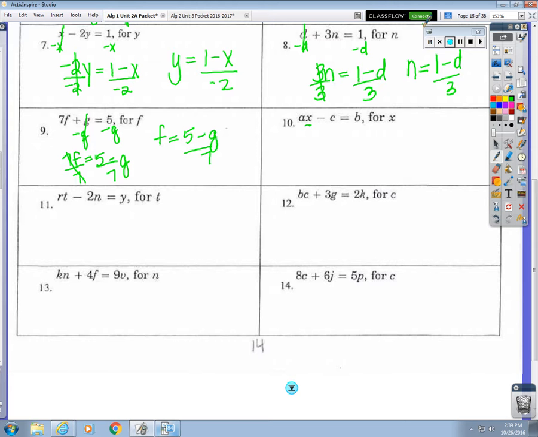C. How does it sneak away? You add it. Okay. So on this side, negative c plus c cancels, leaving just the ax. On this side, you have b plus c. Now to solve for x, what needs to go away from it?